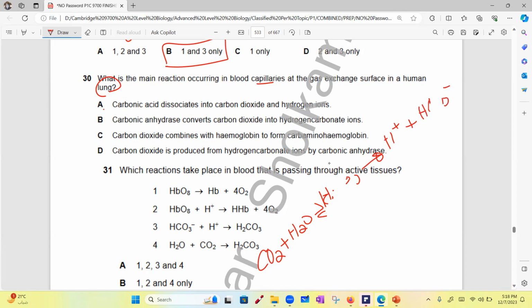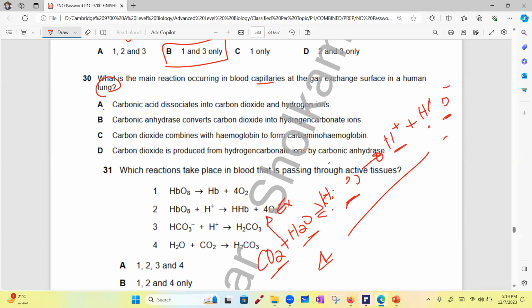What happens at the lungs is the exact opposite. At the lungs, the hydrogen ions and the hydrogen carbonate ions meet to give you carbonic acid that will break down into carbon dioxide and water, and the carbon dioxide and the water will become exhaled. So let's read A again.